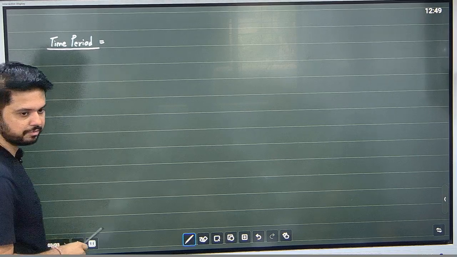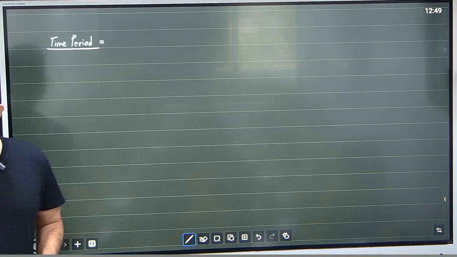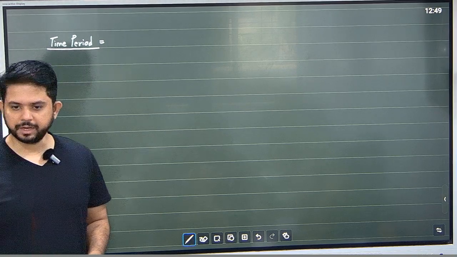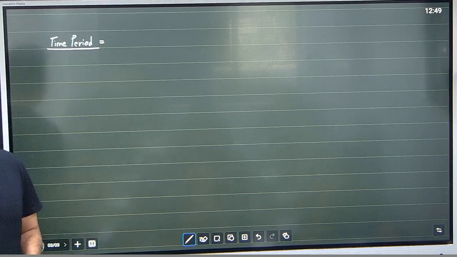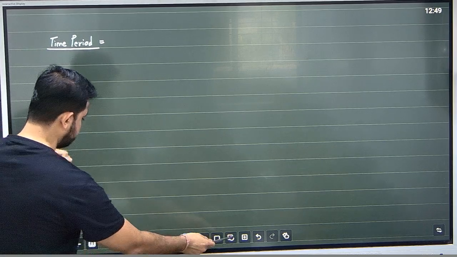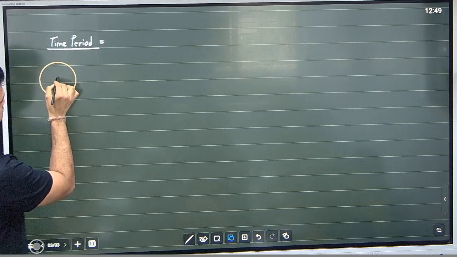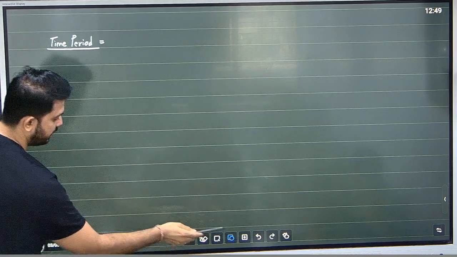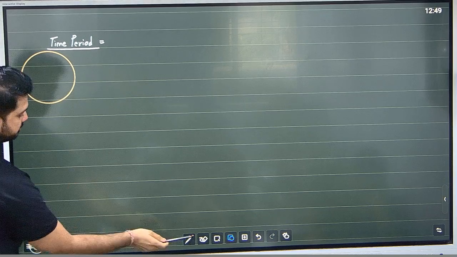Can someone define what you mean by time period? The amount of time taken to complete one. In wave theory we studied that time period is the amount of time taken to complete one oscillation. Here, what is time period? The time taken by the electron to complete one revolution around the nucleus. So this is the nucleus.